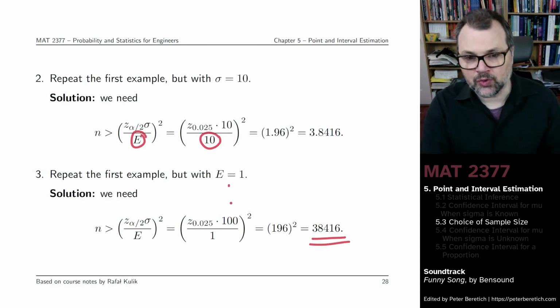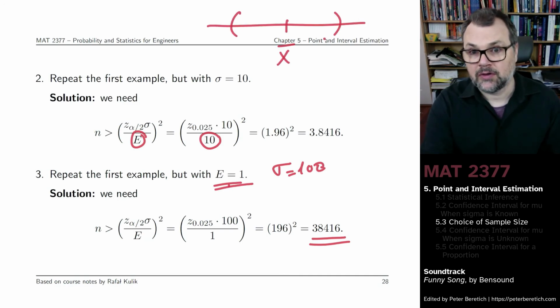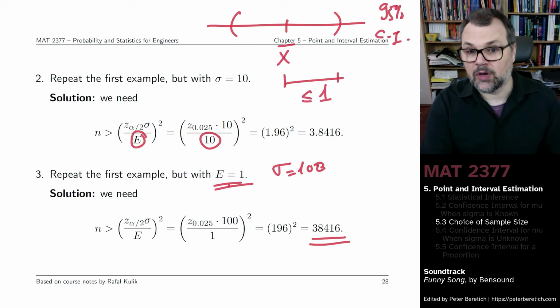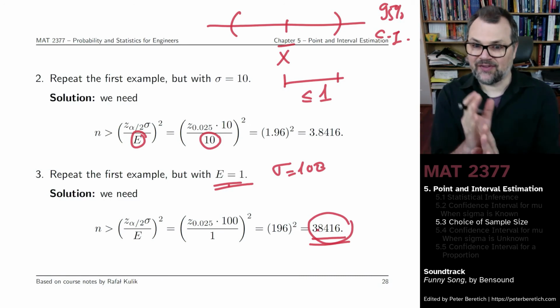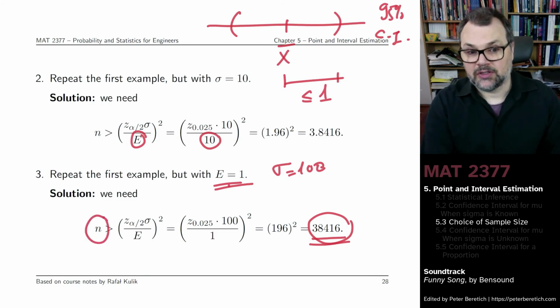If we reverted to a standard deviation of 100 here, but this time we wanted an error bound of 1, so we wanted to make sure that if this was our 95% confidence interval, this distance would be at most equal to 1, we would need to have at least 38,416 observations. Right? The error bound is very, very, very small. So for this confidence interval to be small, we need a very large sample size.